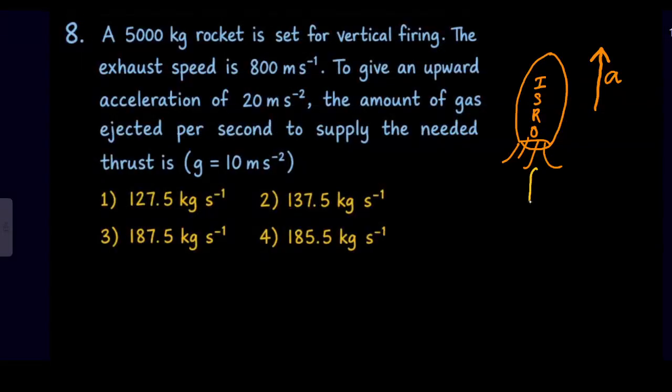So the weight of this is in which direction? Downward direction, that is mg. Now this rocket should have a certain amount of thrust, in the upward direction. This is the thrust force, the one which pushes in the upward direction. That force is called thrust.